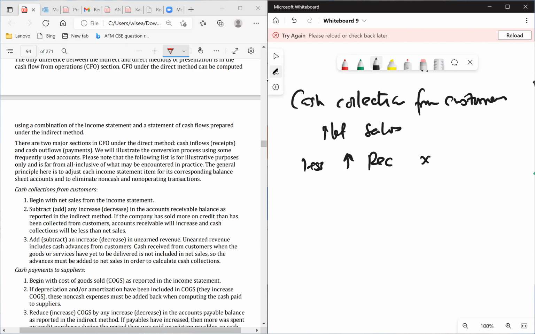Increase in receivable is subtracted, and then you add any increase in unearned income.